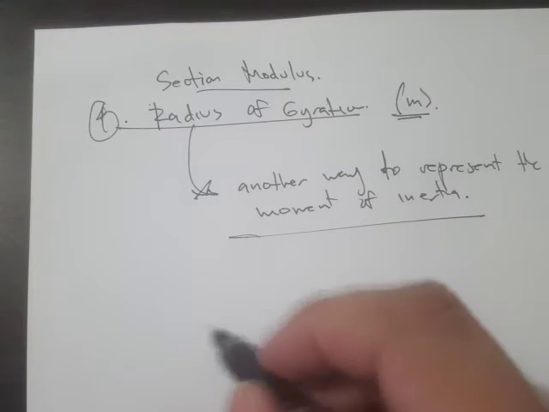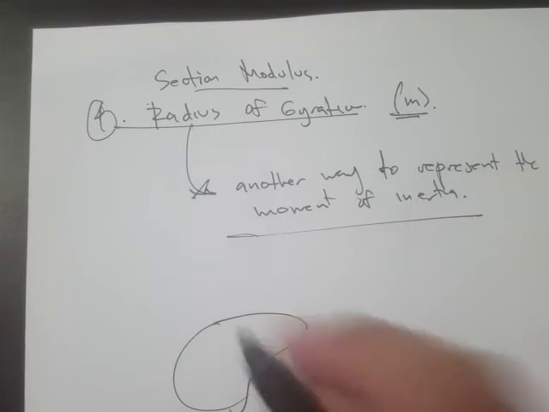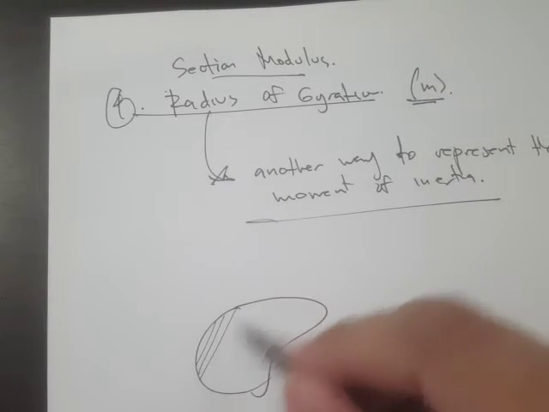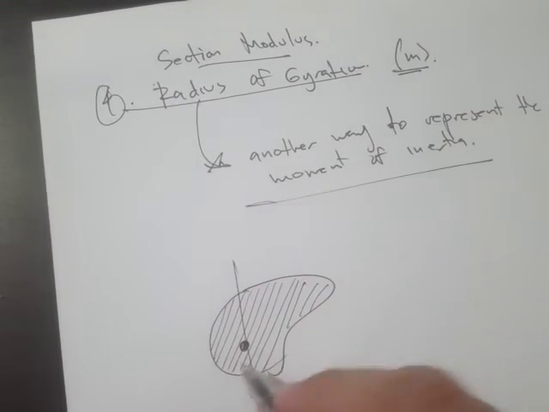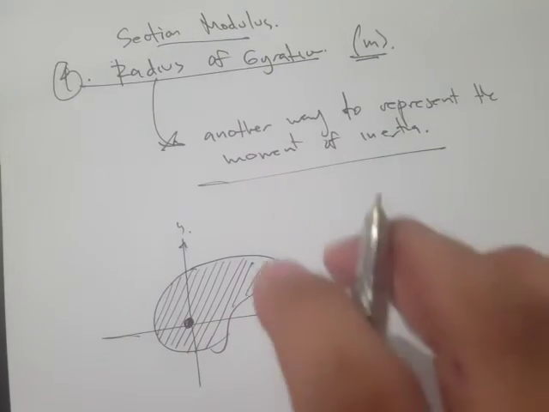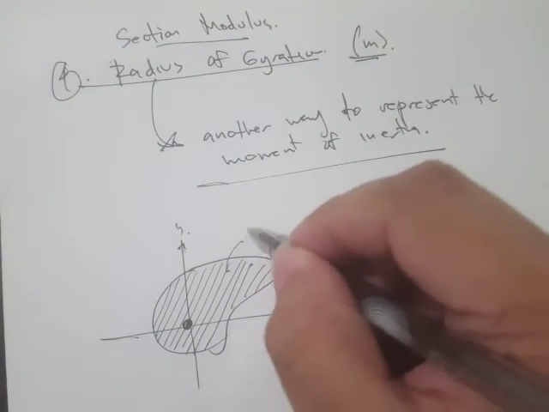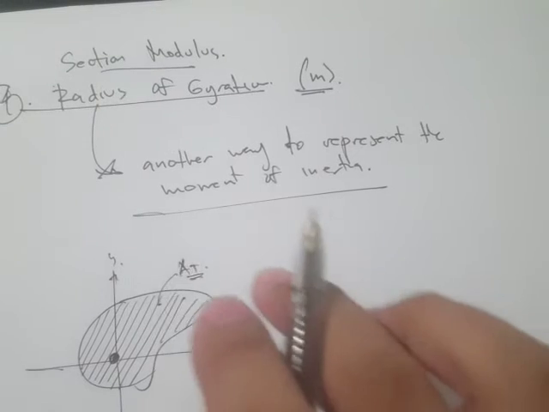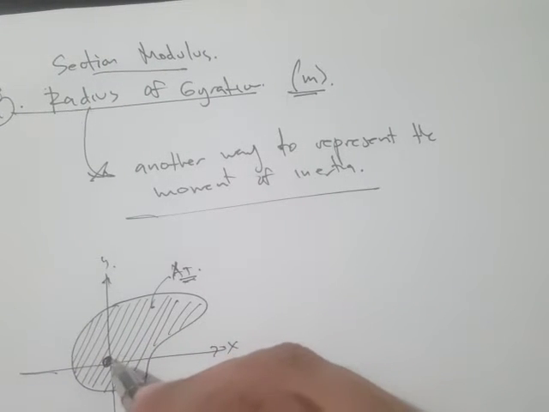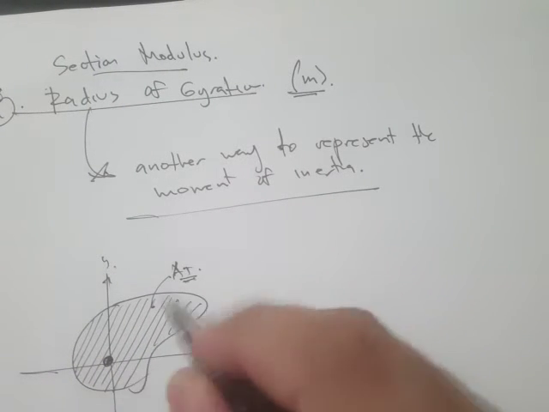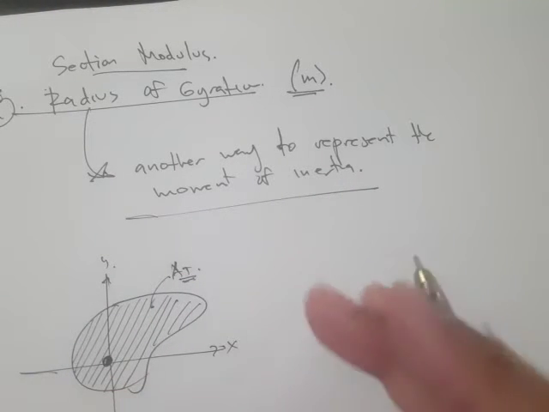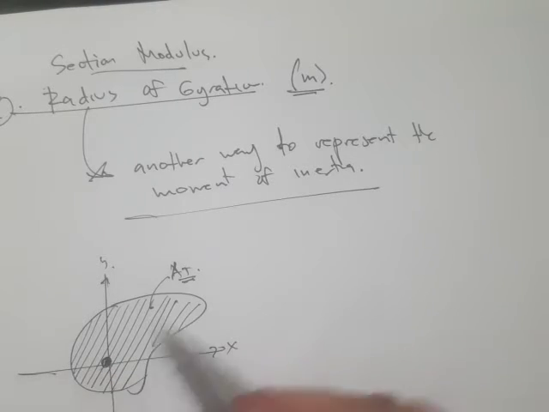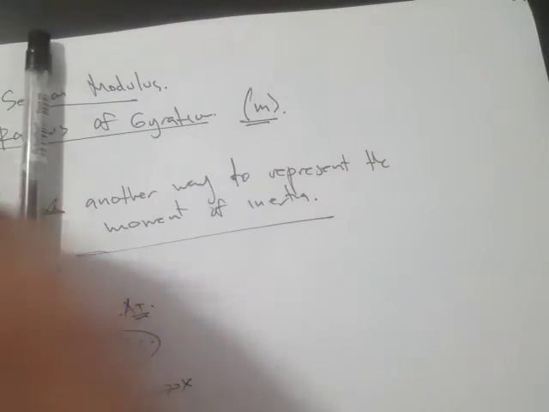So what that means is, for example, I have this arbitrary area, and let's say this is my centroid, x and y. Let's say this is the total area. What would be the farthest distance from the centroid if I take all this area and concentrate it away from the centroid? It's like this.